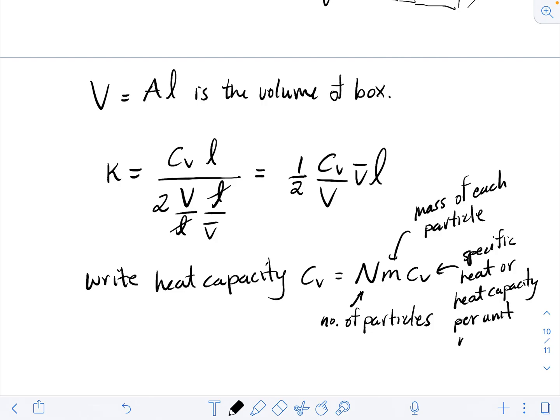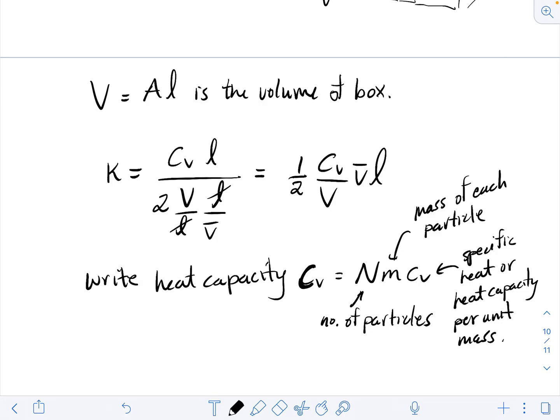per unit mass, right? The total heat capacity of the gas depends on how much gas there is, right? If you double the amount of gas, then you have to double the amount of heat you put in to change the temperature by the same amount. So what the specific heat does is it divides out by the amount of stuff you have. And so we're going to write that as the specific heat per unit mass.